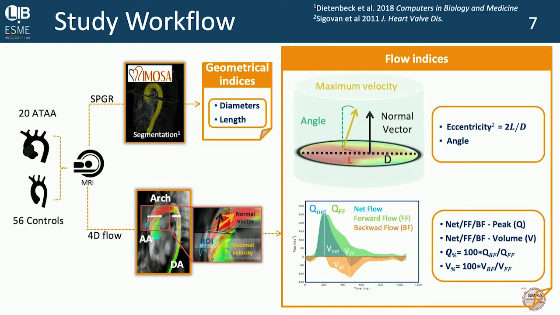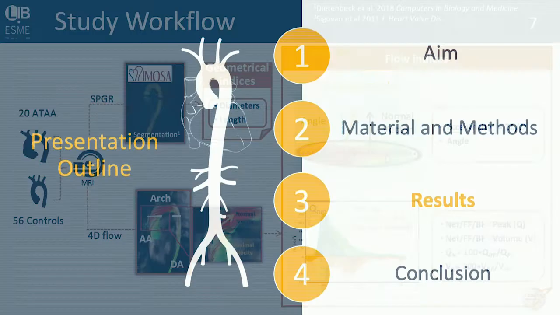In a second step, we extracted the net, the forward, and the backward flow from each region of interest. Then we computed its peak and its volume, computed as the area under the flow curve. Finally, to not be too correlated with the diameter, we normalized them.